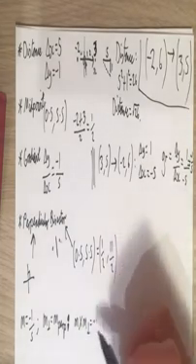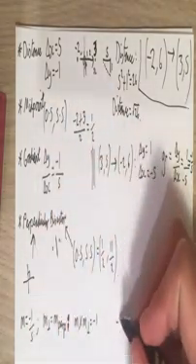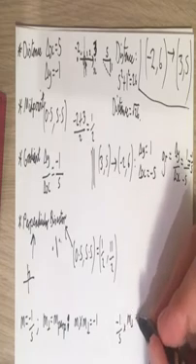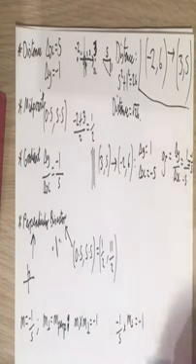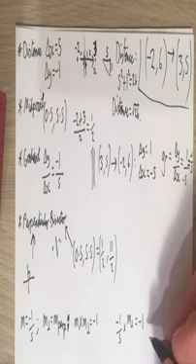So m is -1/5, so -1/5 times something equals -1. I reckon this is the number 5, right? -1/5 times 5 gives me -1.